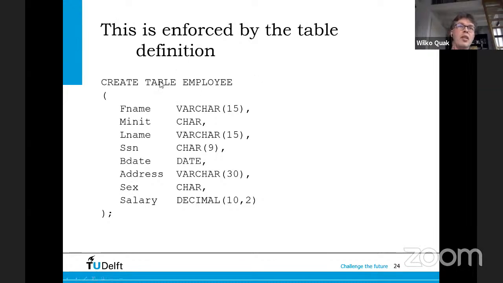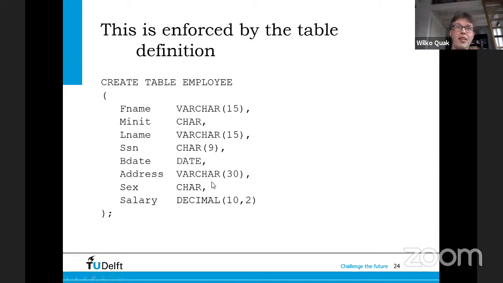So this is how a database create instruction looks like. It's a SQL statement, and it starts with create table, and this is the name of the table. First name, 15 characters at most. Middle initial, only 1 character. Last name, 15 characters, etc. Here you have a date, and the salary is a number with 2 digits behind the comma.